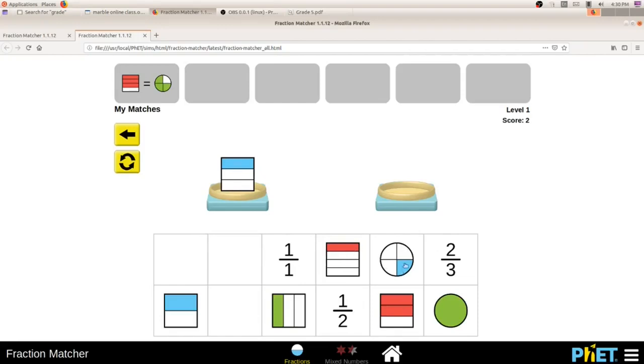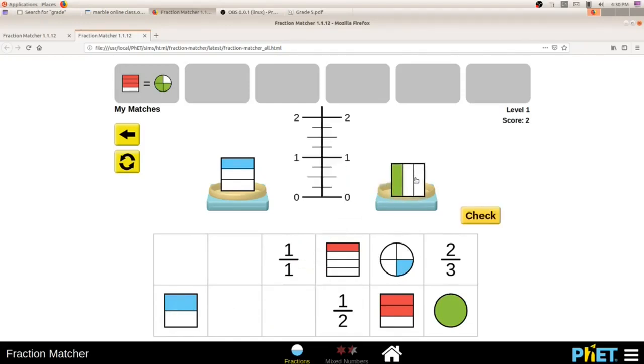This one also 1 by 4. This one 1 by 2. This one, let us check this. Yes, out of 3 parts, only one part is shaded, so this is also 1 by 3. So let us check the answer using the check button. Yes, that is also right.